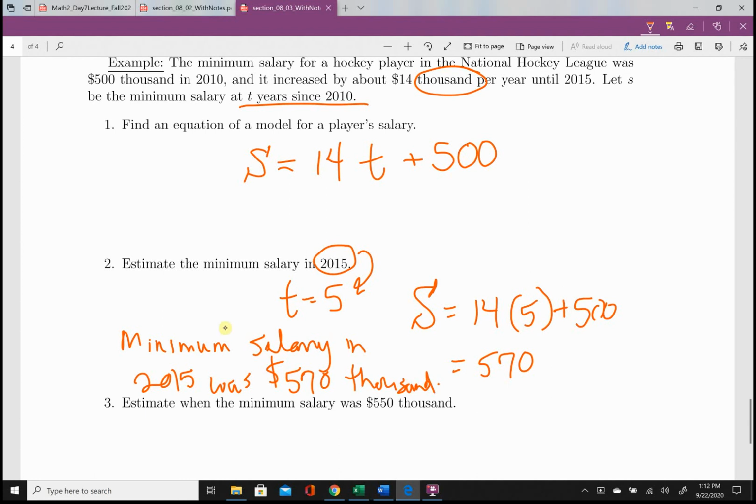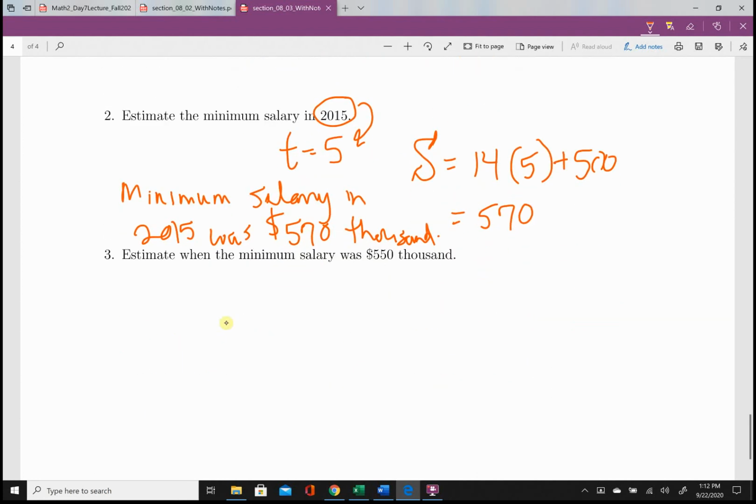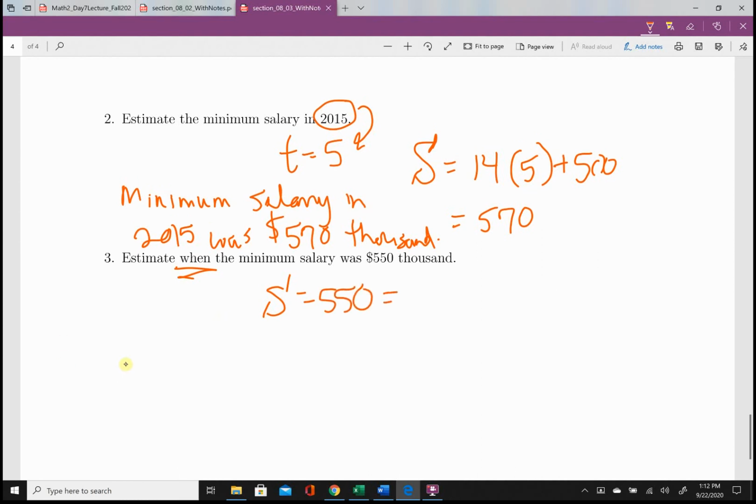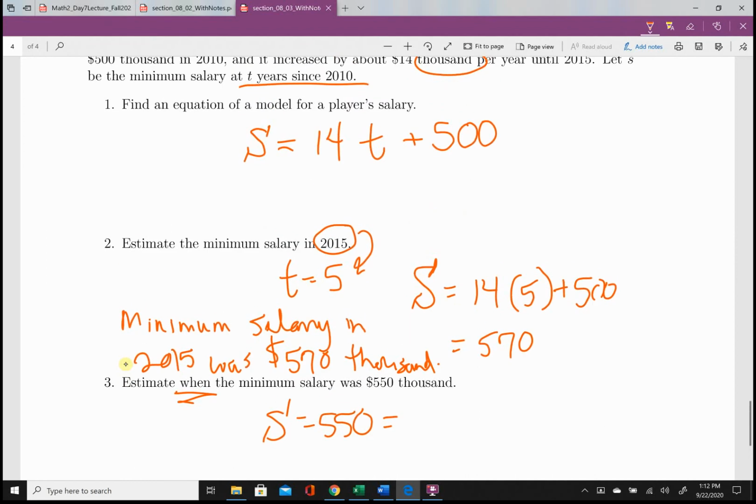Cool. Last one. Estimate when the minimum salary was $550,000. So that's when your S value is supposed to be equal to 550. You're going to have that equal to the rest of the linear equation, which is 14t plus 500, and you're going to solve for t now.